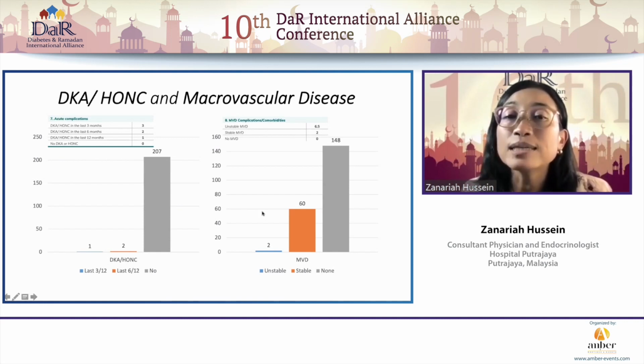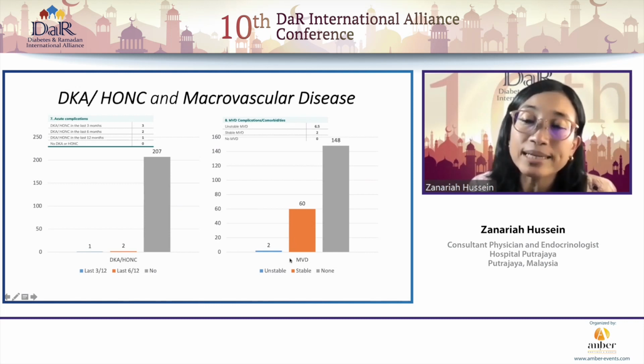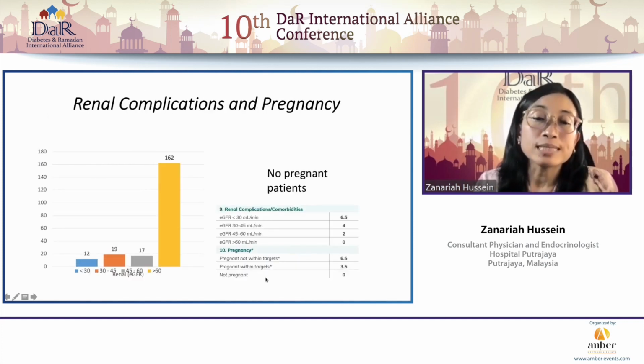And if we look at the macrovascular complications and comorbidities, again, being patients with longer duration of disease, a fair proportion did have some microvascular disease, but mainly they were stable. So very, very hardly any had unstable complications or comorbidities.